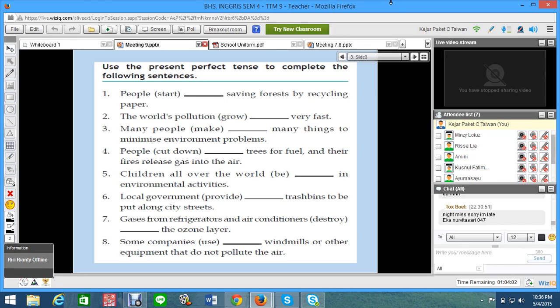So, present perfect tense. You already discussed about present perfect tense, right? Okay, no. Oh, you don't know the formula? Okay.